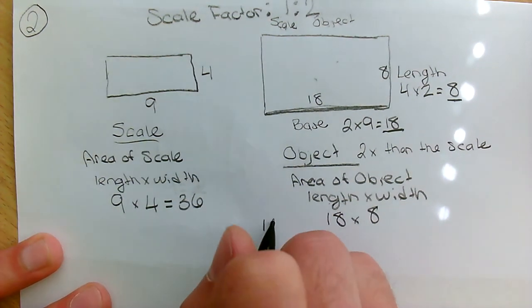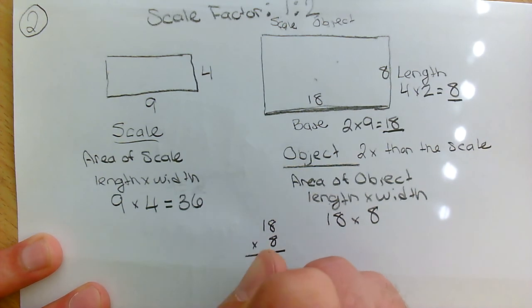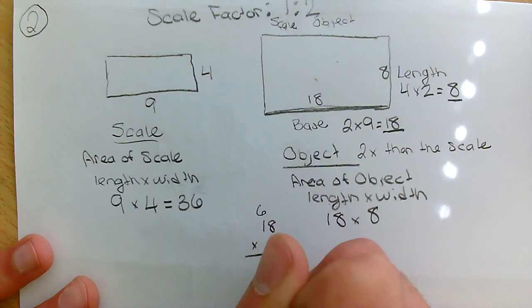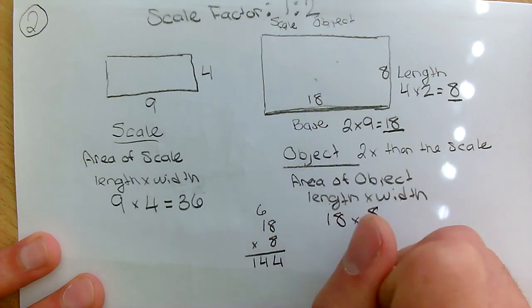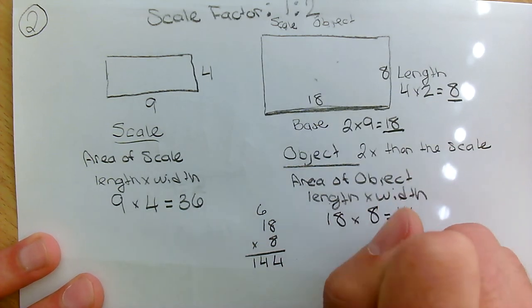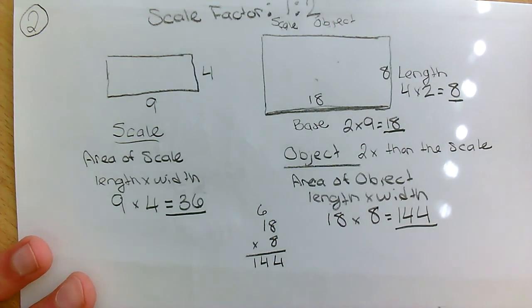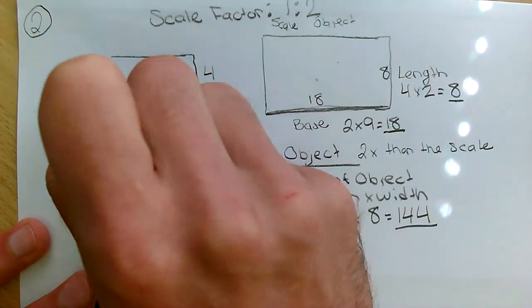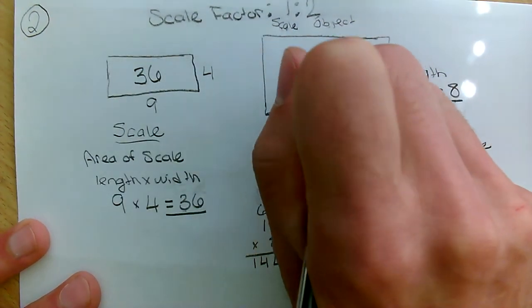So we have to go ahead and multiply it out. 8 times 8 is 64. 8 times 1 is 8. 8 plus 6 is 14. It's 144. So that's our areas. Area for this box is 36. Area for this box is 144.